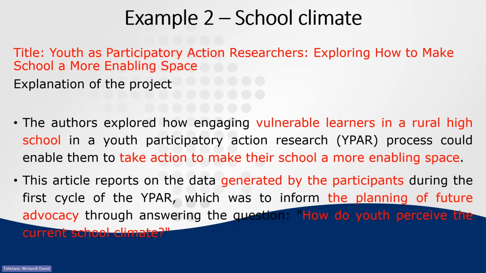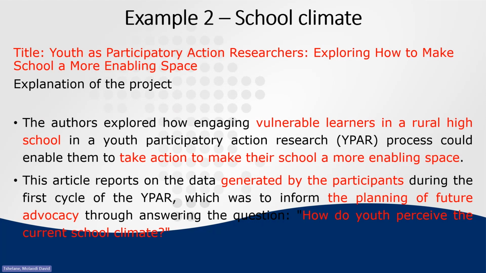To give you a glimpse of how the project was conducted in this one, the authors explored and engaged with vulnerable learners in rural high schools in a youth participatory action research. The process could enable them to take action to make their school a more enabling space.